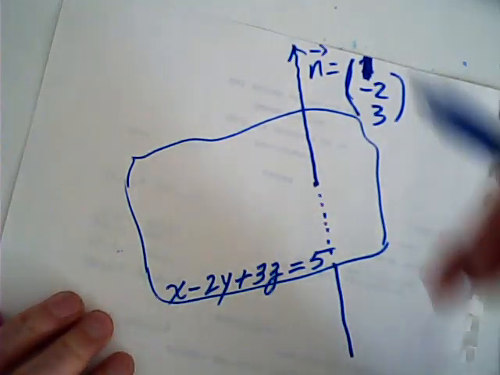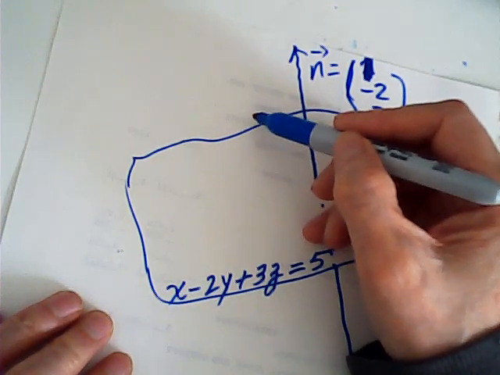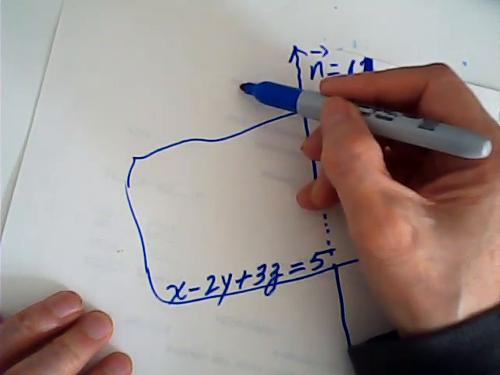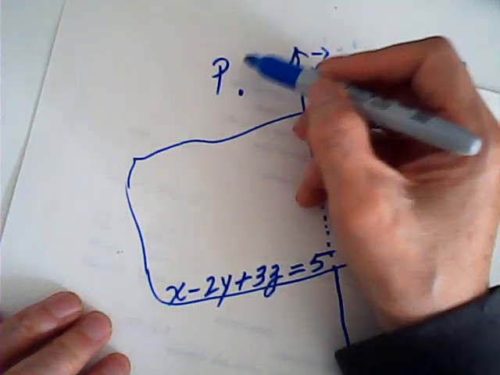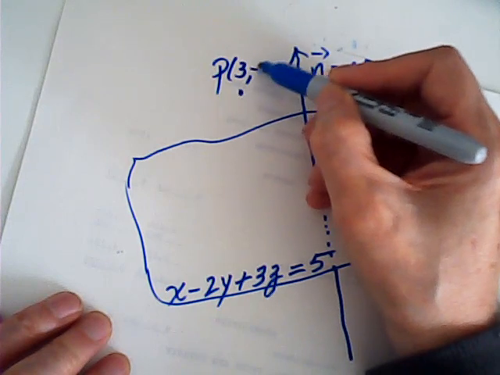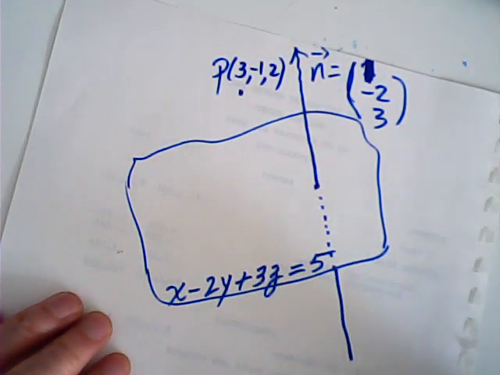Now, suppose we have a point somewhere in space, say this is P. P is any point, say (3, -1, 2). Okay, that's the point P.